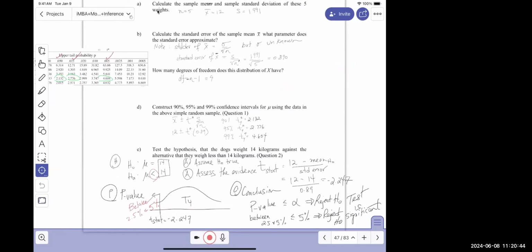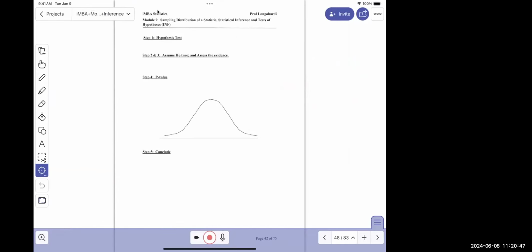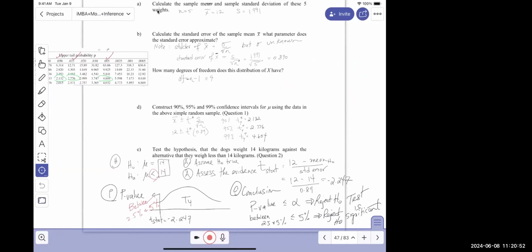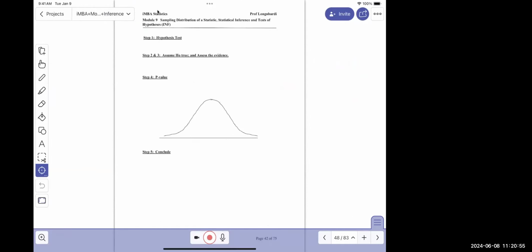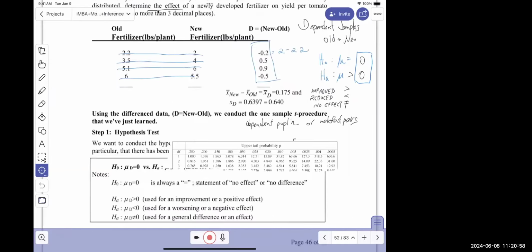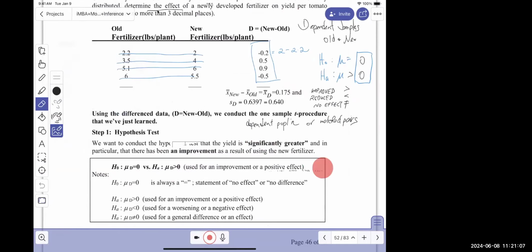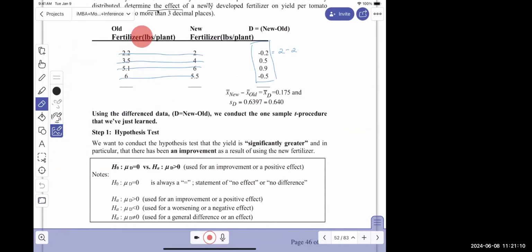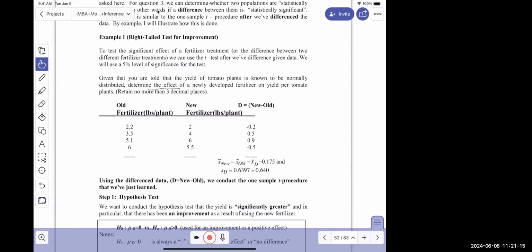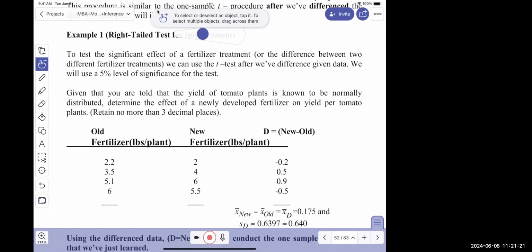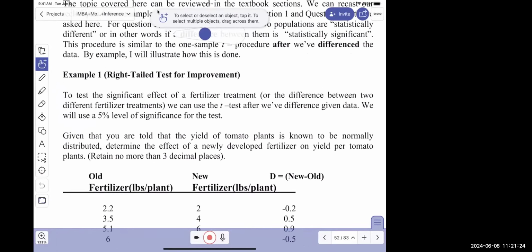So let's look at, I want to do a right-tailed test. Okay, let's do this one. I'm going to do 2 and 1 here. Okay, so this is a right-tailed test.